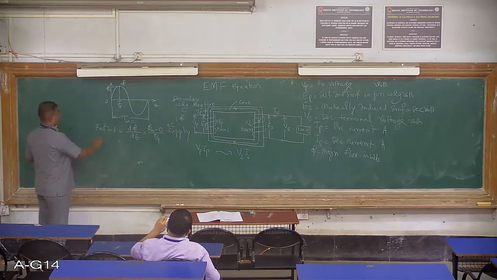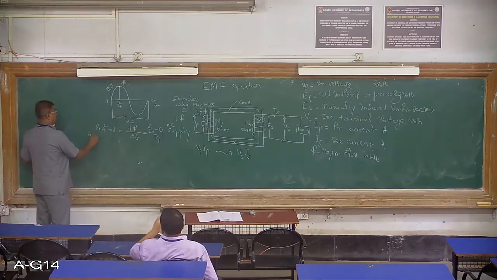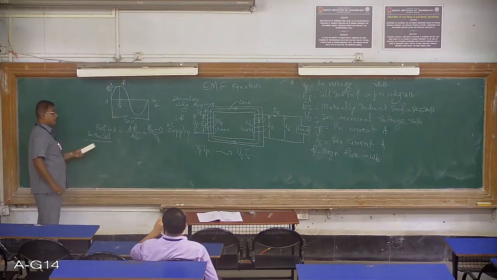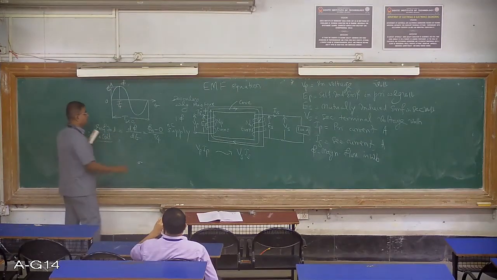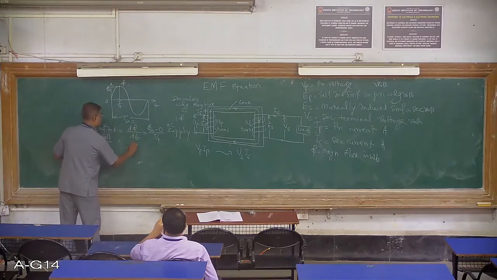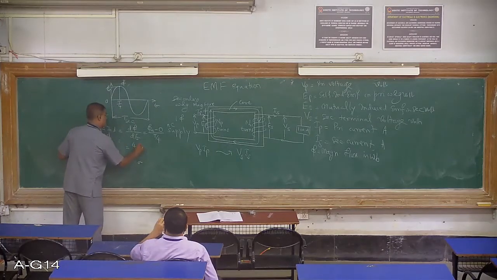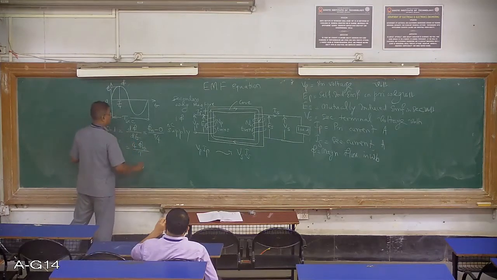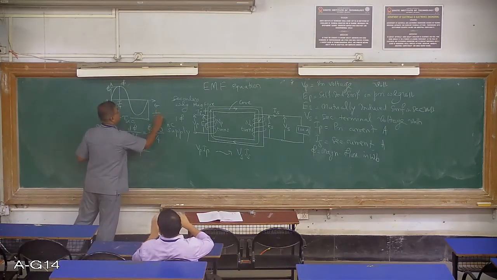Therefore, the EMF induced in the coil is given by phi m by T by 4, that becomes 4 times phi m by T. 1 by T is frequency.